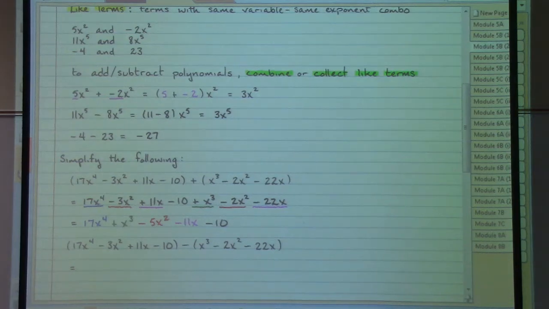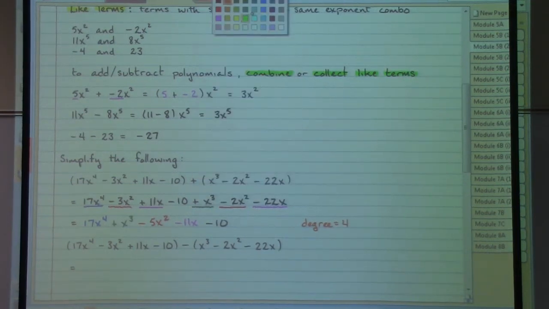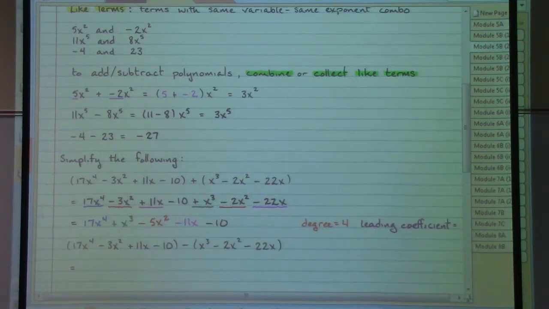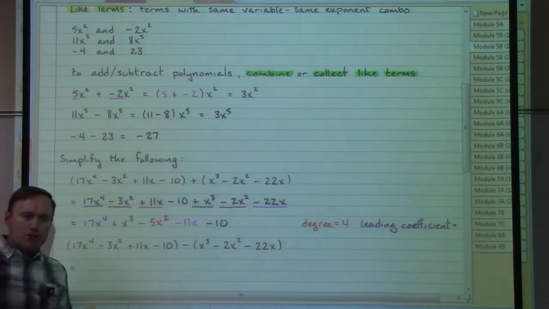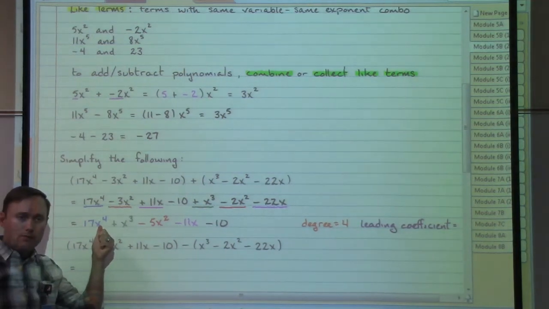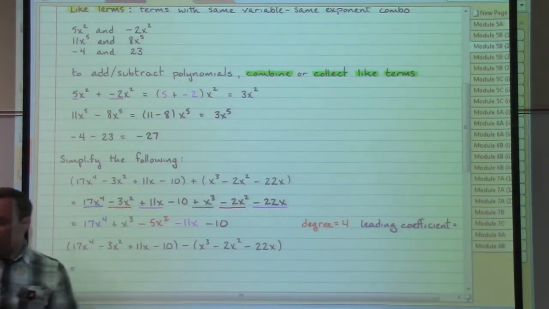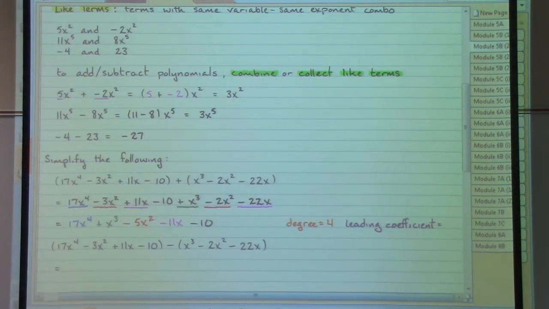So, a little side note here, the degree is 4, and the other vocabulary term that we had mentioned was that leading coefficient. And that leading coefficient, again, the number part of the very first term that has that highest power showing up, the number part that shows is a 17. So our leading coefficient here would be 17.